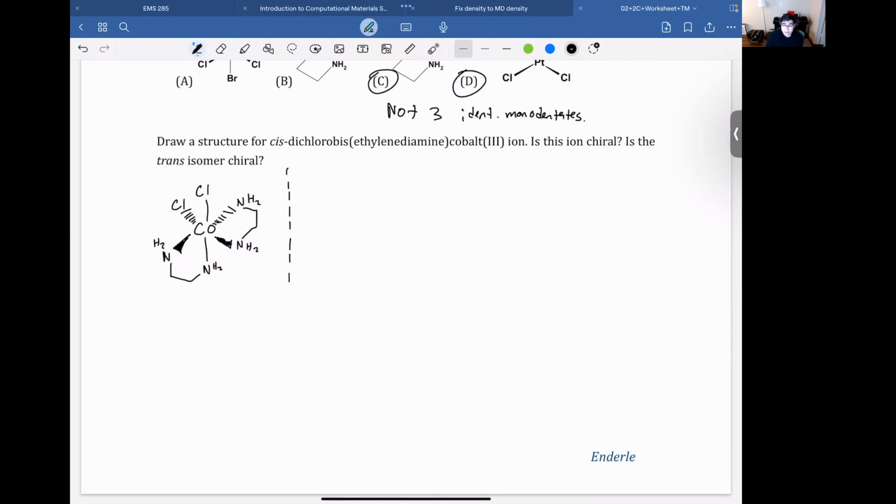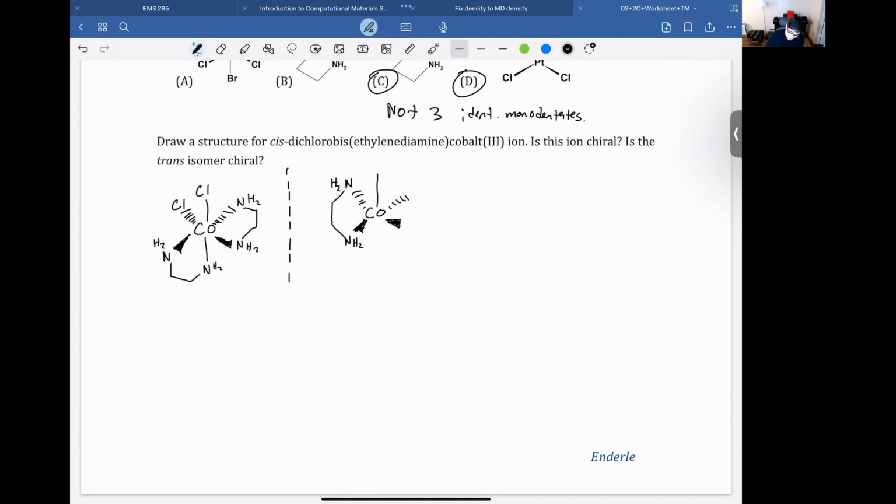Then you can draw the mirror image. So I'm basically just gonna draw a mirror. So same setup here, draw the wedges, draw the dashes. I have the NH2, the ethylene diamine closest here.